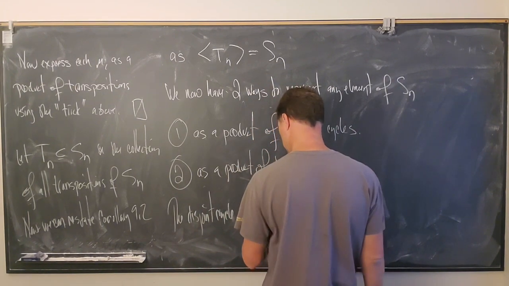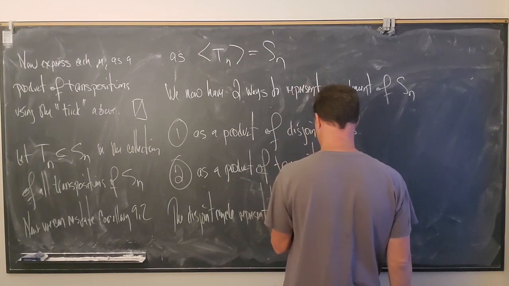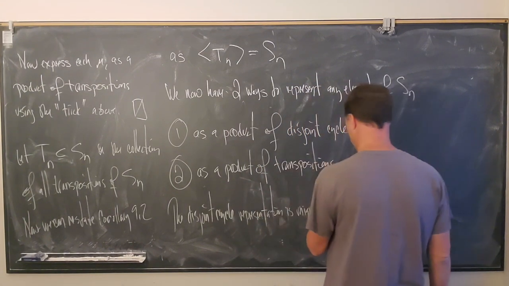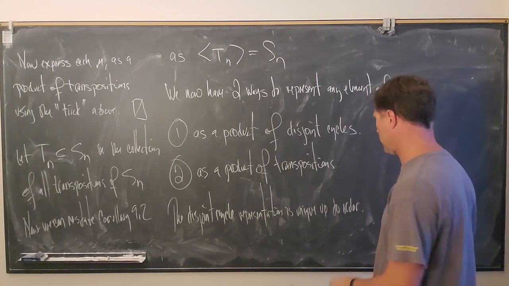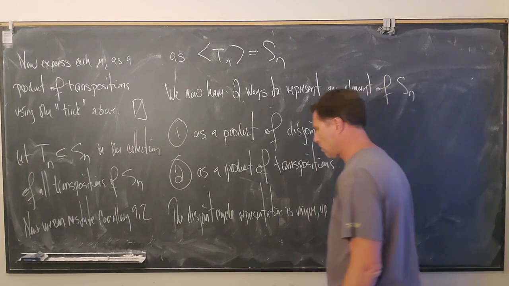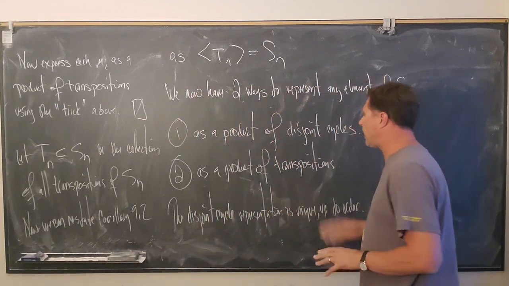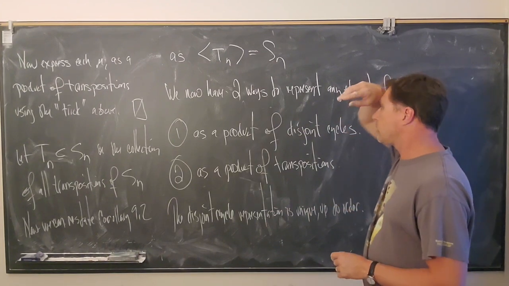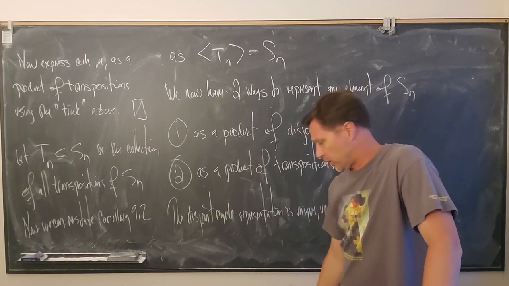So the representation is unique up to order. What that means is there's essentially one way, if you want to express your permutation as a product of disjoint cycles, there's essentially one way to do it.